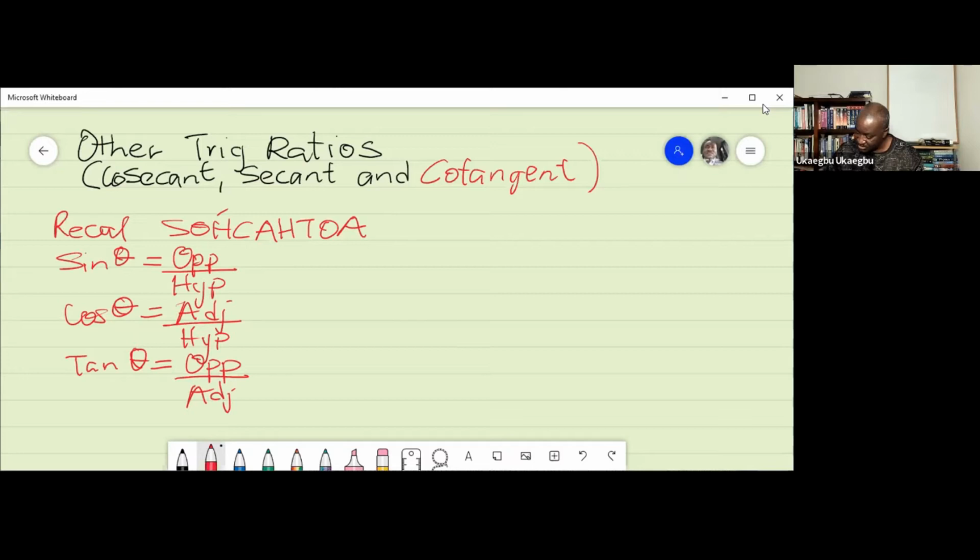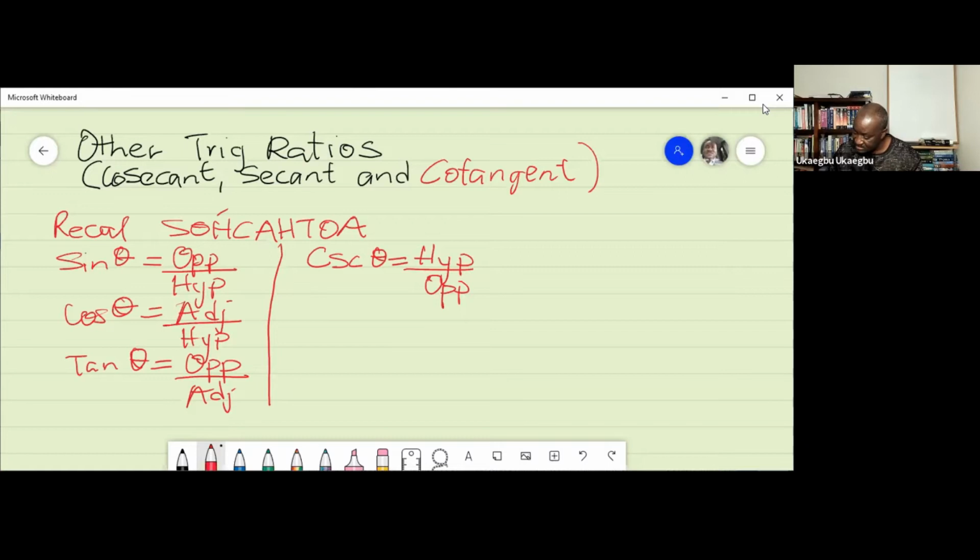Okay, so this is one side of it. On the other side, you have cosecant. Cosecant is written as CSC theta. All you do is flip the sine one. Just turn it over. So that would be hypotenuse over opposite.